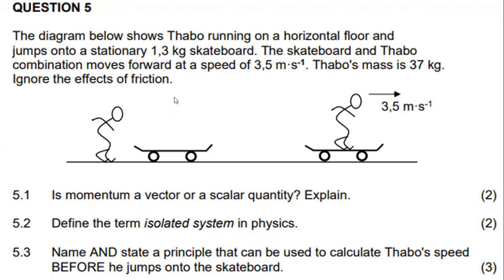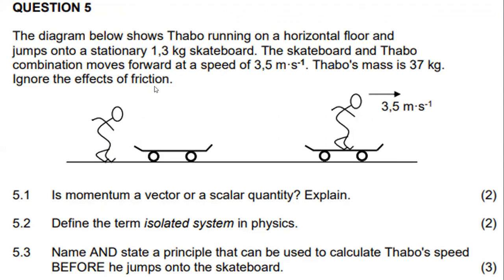So when you take 37 and you multiply it by 3,62, then you will get a value for a momentum. But that value for a momentum will be bigger than the value for the momentum after, because there you will be multiplying 37 with 3,5.